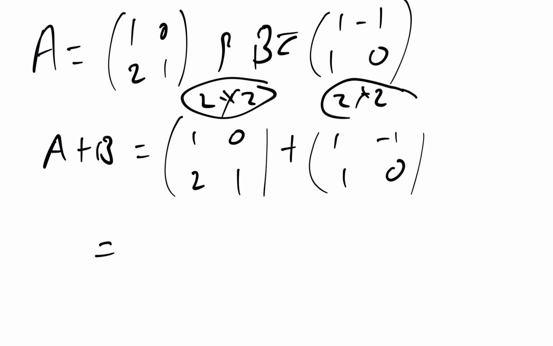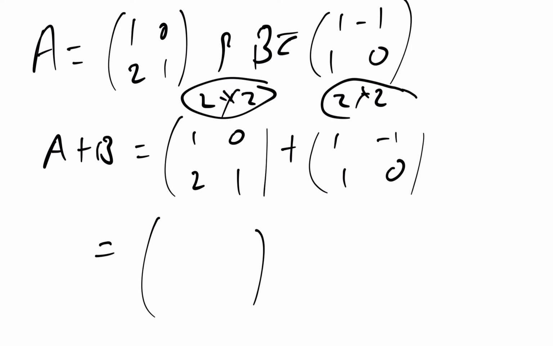When we are adding matrices, another thing to consider is that your answer will have the same order as the matrices. The matrices were 2 by 2 matrices, so my answer will also be a 2 by 2 matrix.